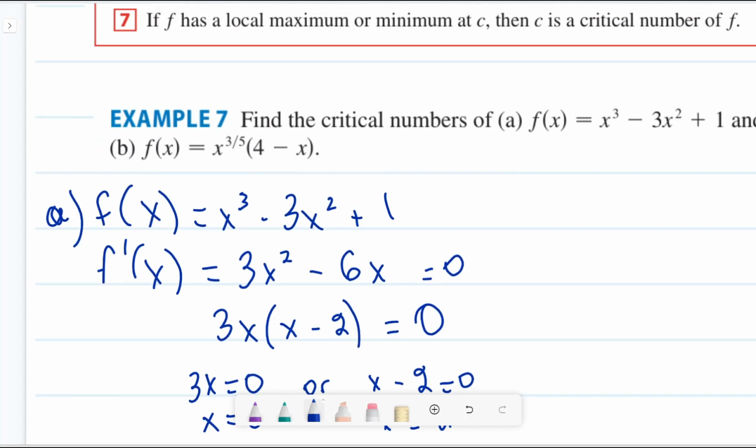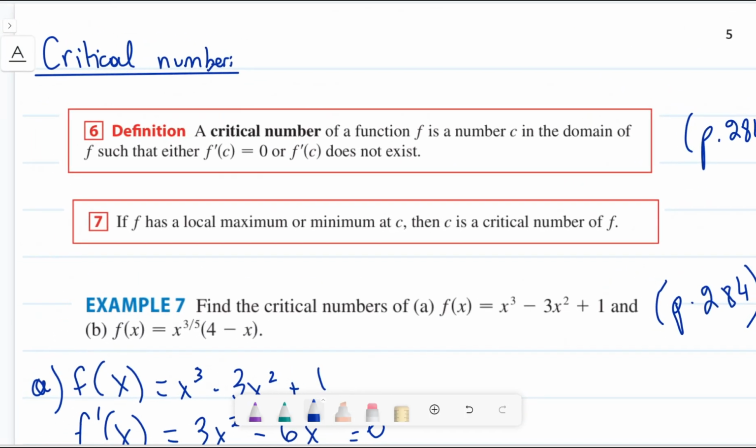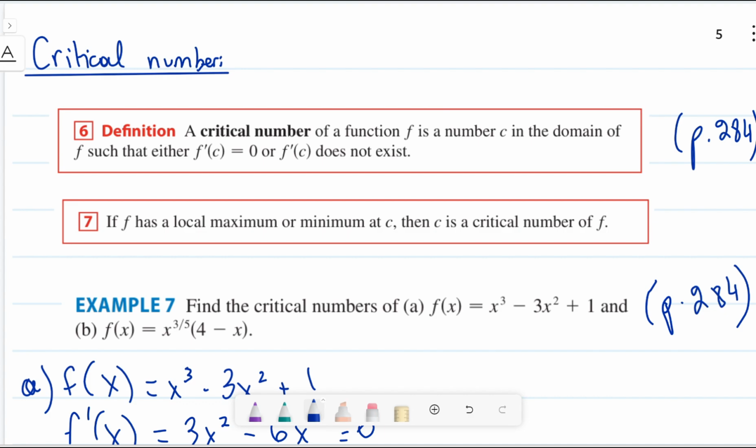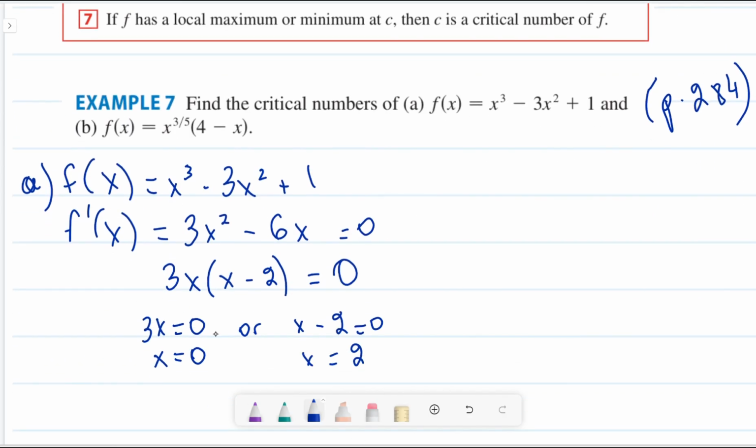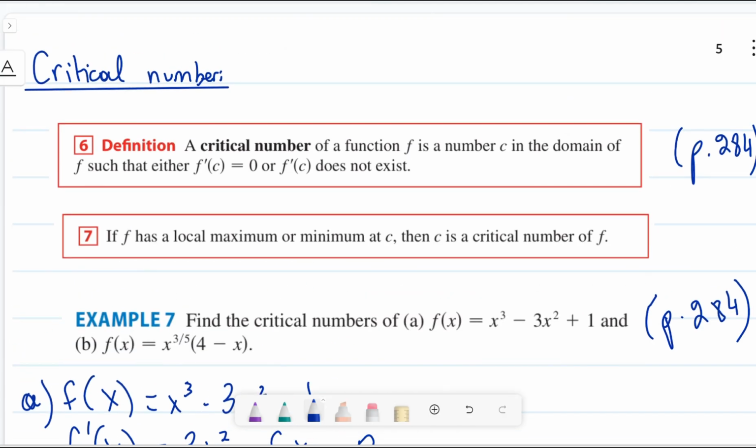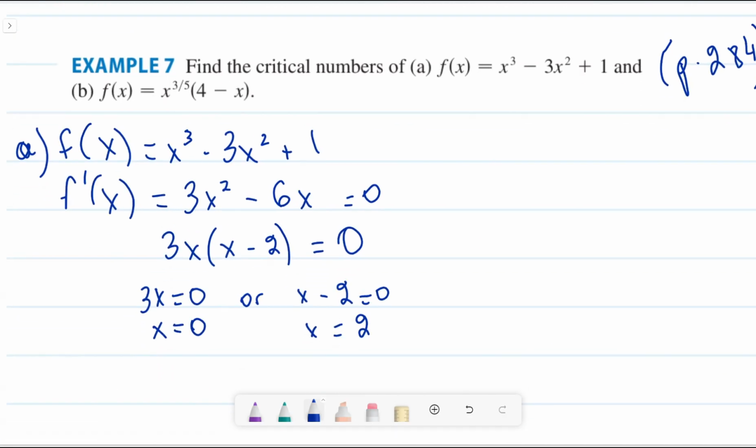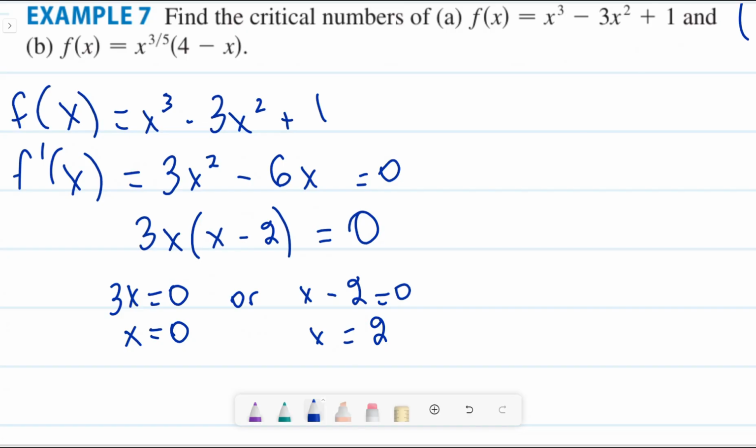Now, please note that a critical number, again, let's read the definition, is a number c in the domain of f such that either the derivative at this point equals 0, which is what we did right now, or the derivative does not exist. So, does 3x times x minus 2 ever not exist?